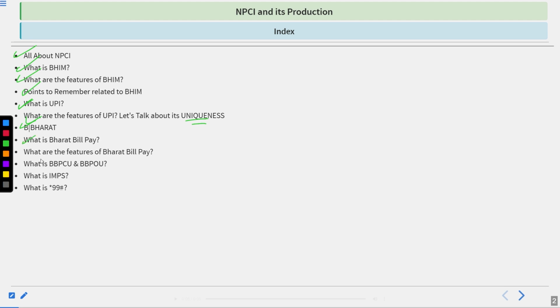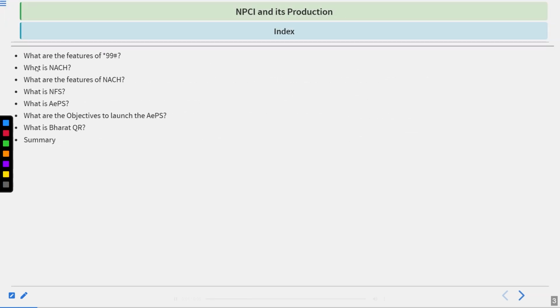Then Bharat Bill Pay, features of Bharat Bill Pay, BBPCU and BBPOU, what is IMPS, what is *99#. Then we will talk about the features of *99#, what is NACH, what are the features of NACH, what is NFS, what is AEPS, what are the objectives to launch the AEPS, what is Bharat QR, and then at last we will see the summary of all of them.